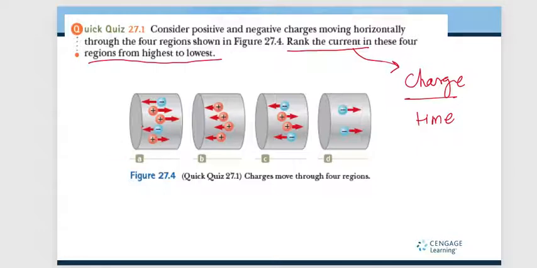Now the conventional direction of current is in the direction of positive charge. So if you have a negative charge, the direction of current will be opposite to the direction of the negative charge. If you look at the first diagram, you have 3 positive charges moving towards the right.